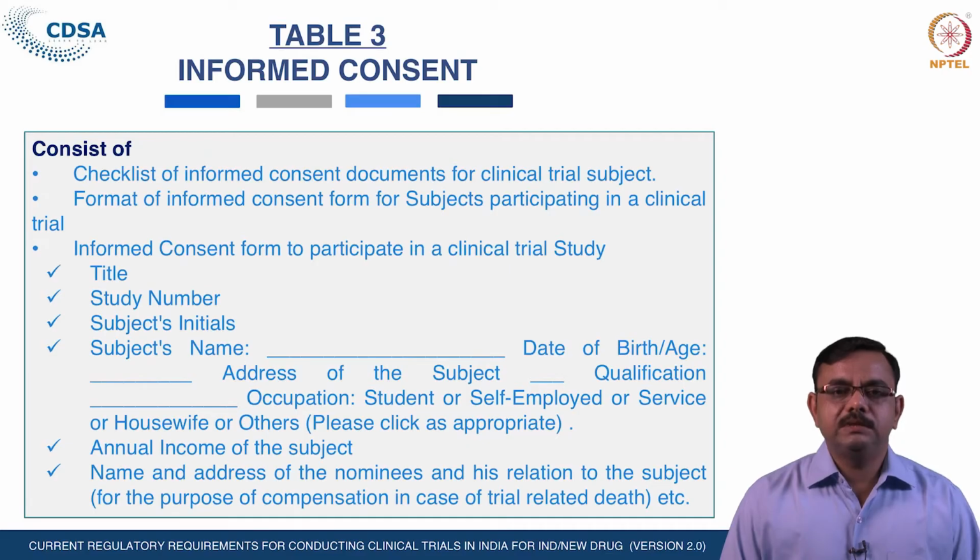There are some additional elements. A statement may be required for foreseeable circumstances under which the participation of the subject may be terminated by the investigator without his or her consent. Additional cost to the subject that may result from participation in the study, or the consequences of the subject's decision to withdraw from the research and the procedure for the termination of participation by the subject.